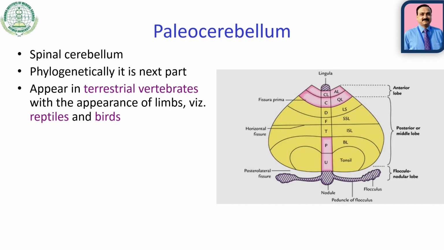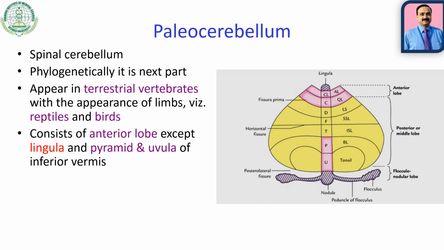Then come the reptiles and birds. These are called terrestrial vertebrates, in which, along with the flocculonodular lobe and lingula, that is the archicerebellum, the paleocerebellum is also developed. So you can see it is shown with the pink color here, this one and this one.